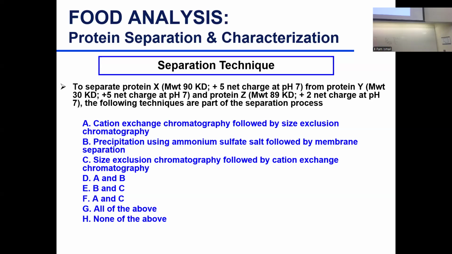So a specific concentration of salt that is not very high might precipitate Z and keep the other two in solution. I can use membrane filtration of, let's say, 40 kilodalton. The 30K will be in the permeate, whereas the 90K will be retentate and will not go through the pores. So any of them, in no matter what order, should be okay. Okay, very good.